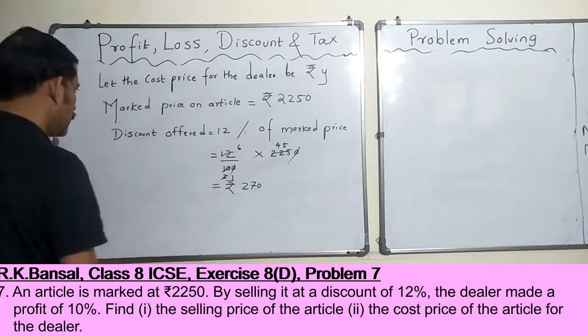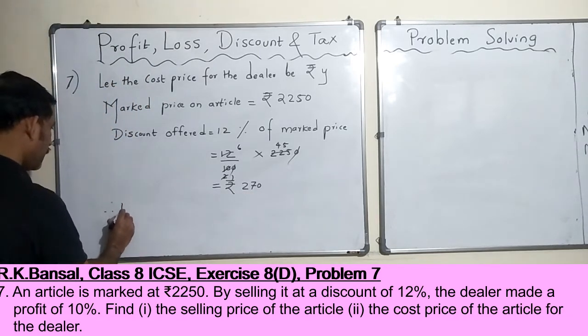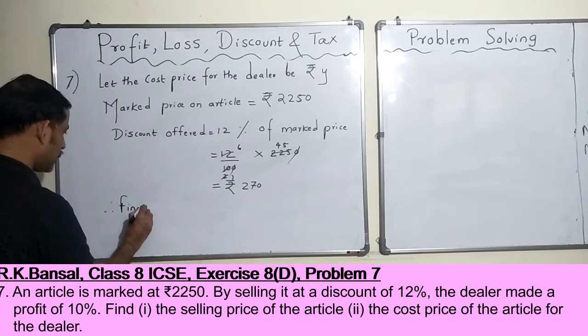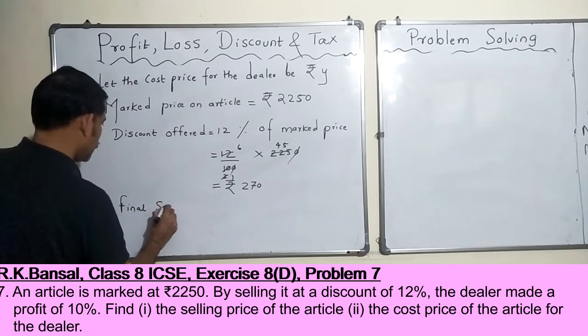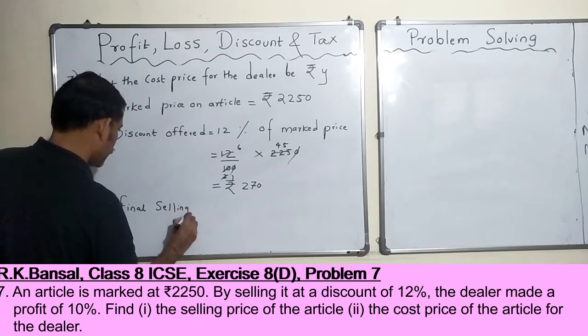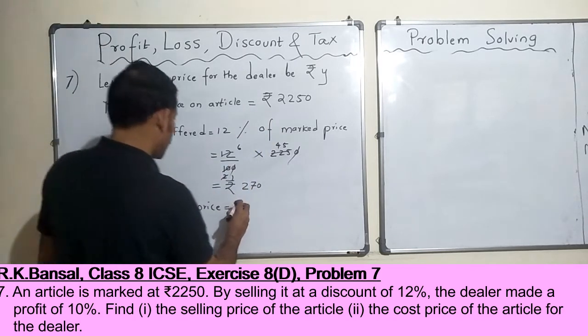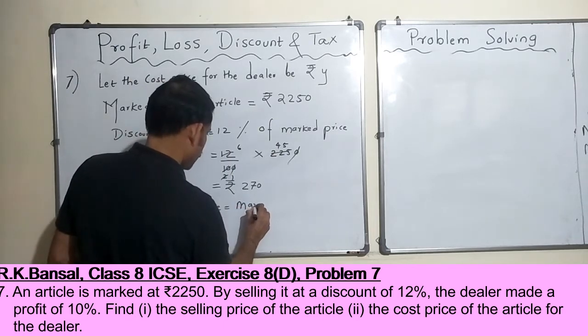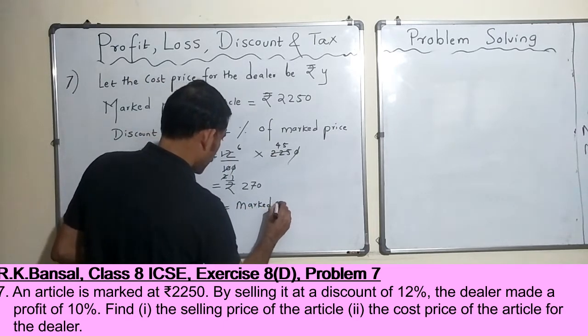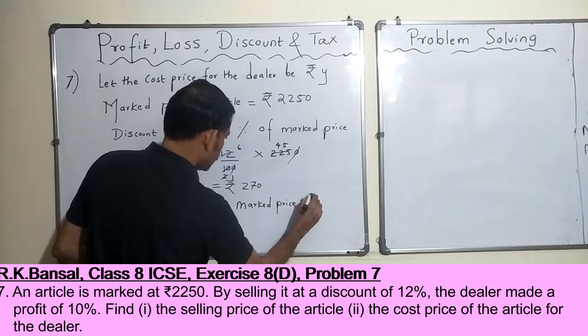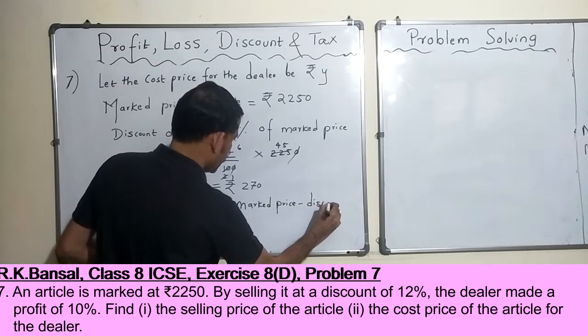So now this is the discount offered. Therefore, final selling price, there is no tax involved here so far. Final selling price is equal to marked price minus discount, right? So this is what the final selling price is.